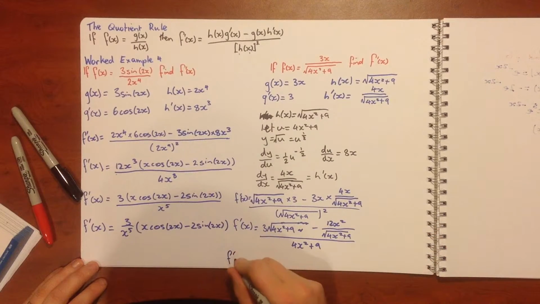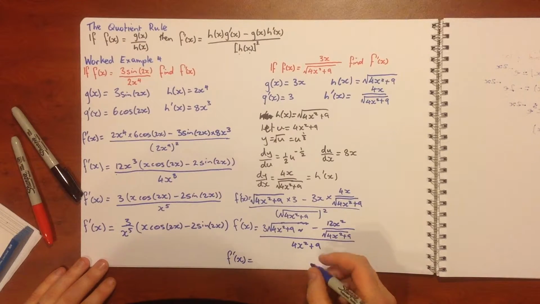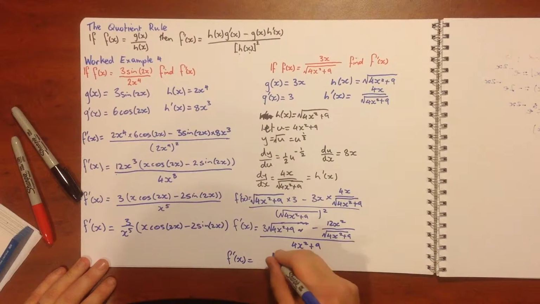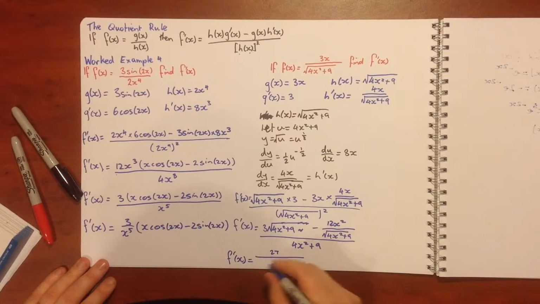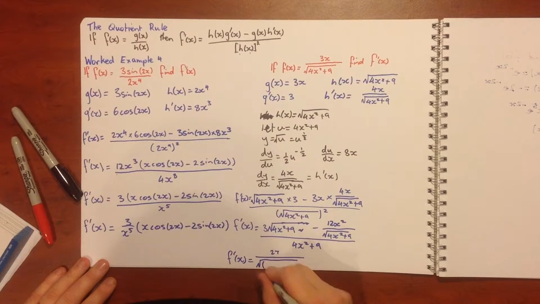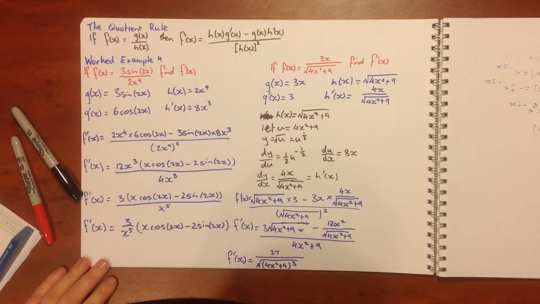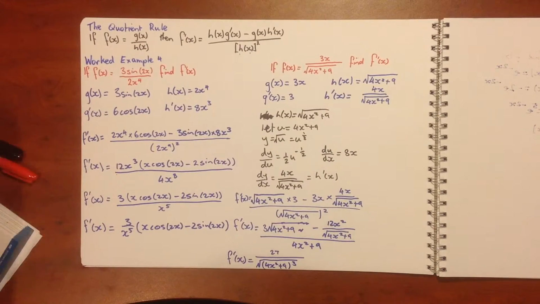Then f dash of x, when you finish all that rearranging, believe it or not, we actually get 27 over the square root of 4x squared plus 9 cubed. I know it might seem a bit of a leap between this step and this step, but doing that little bit of algebra, you can get there. Again, I apologise, I've run out of room, but the few steps are in there that you can do.